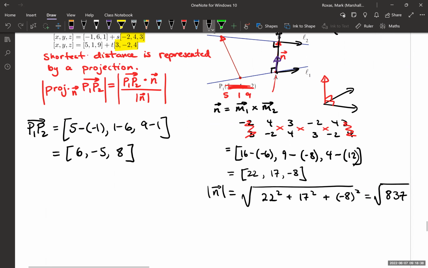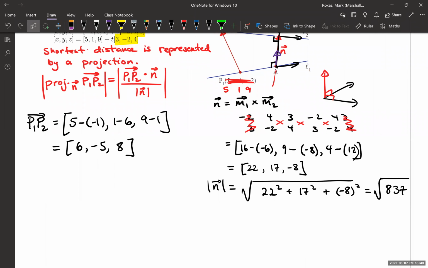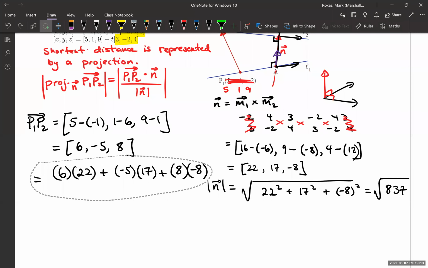And then we can now take the projection of P1, P2 onto n. That would be the algebraic dot product: 6 for the x component multiplied by 22 for the x component of n, plus -5 for the y component of P1, P2 times 17 for the y component of n, plus 8 for the z component and -8 for the other z component.